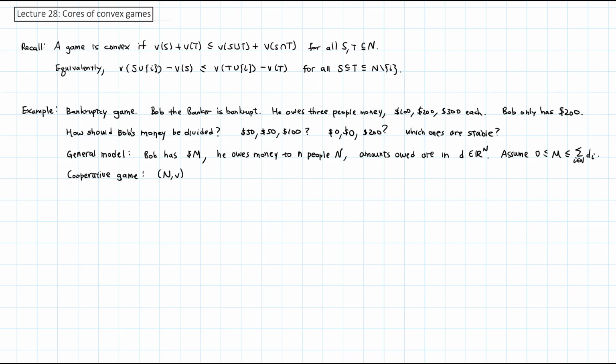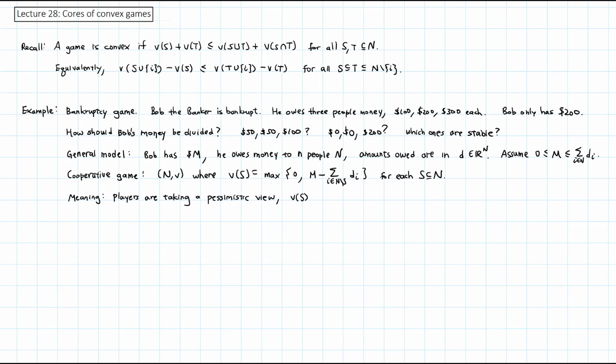We have the game (N, v) where v of S is the maximum of 0 or M minus the sum of d_i's for any i that is not in S. And this is defined for each subset S of N. The meaning of this is that the players are taking a pessimistic view. v of S is the amount left if the remaining players take all of what they were owed.